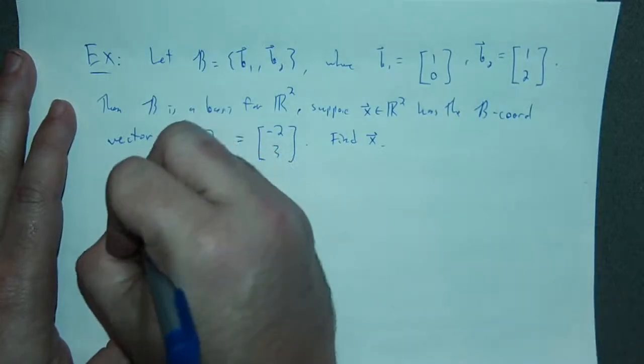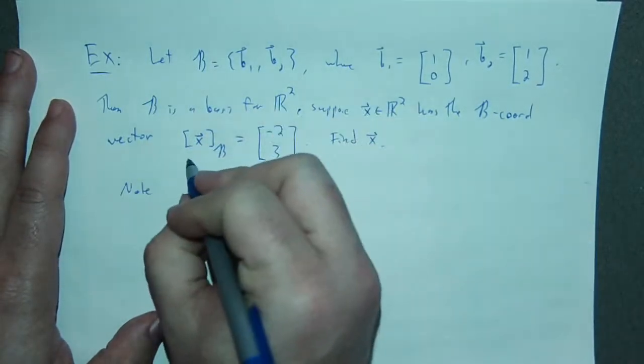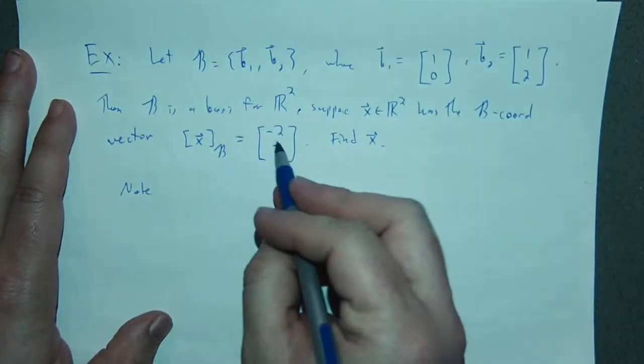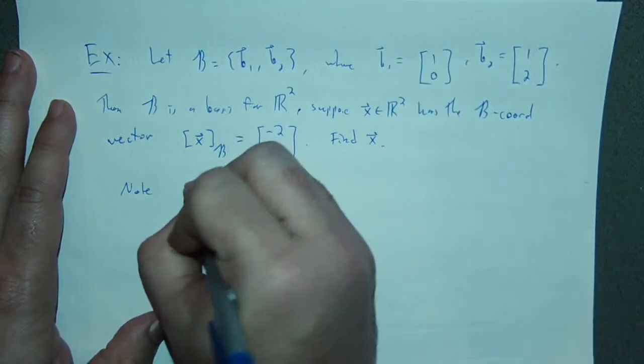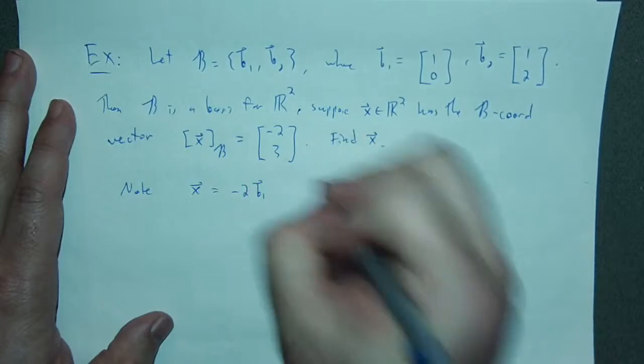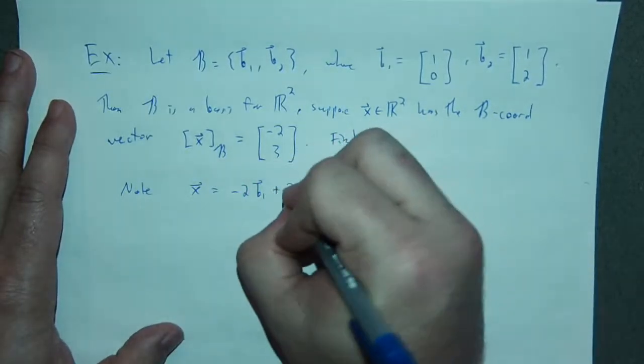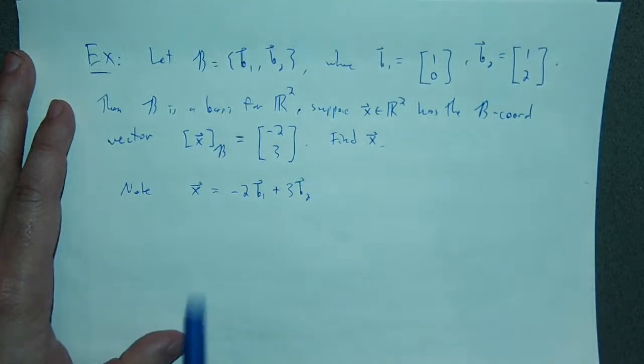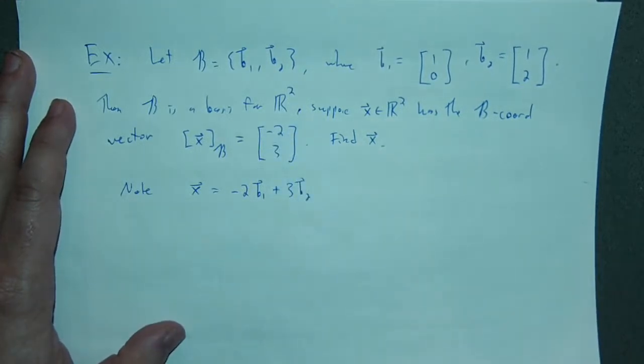Note that X having B coordinates (-2, 3) tells me that whatever X is, it's -2 times B1 plus 3 times B2. That's how these coordinate vectors are defined.